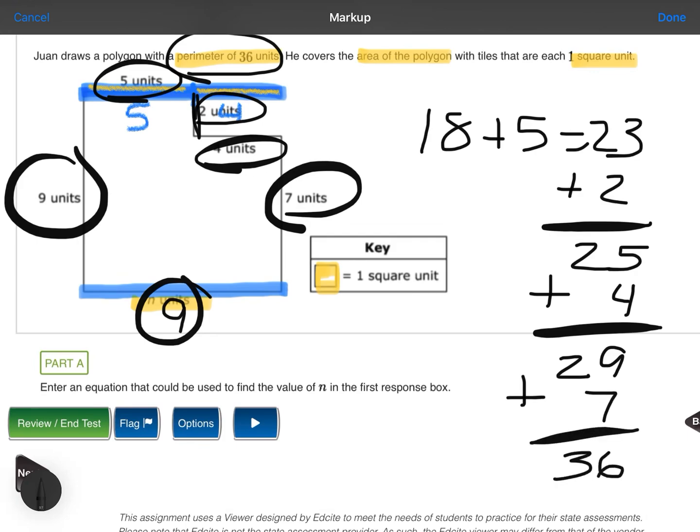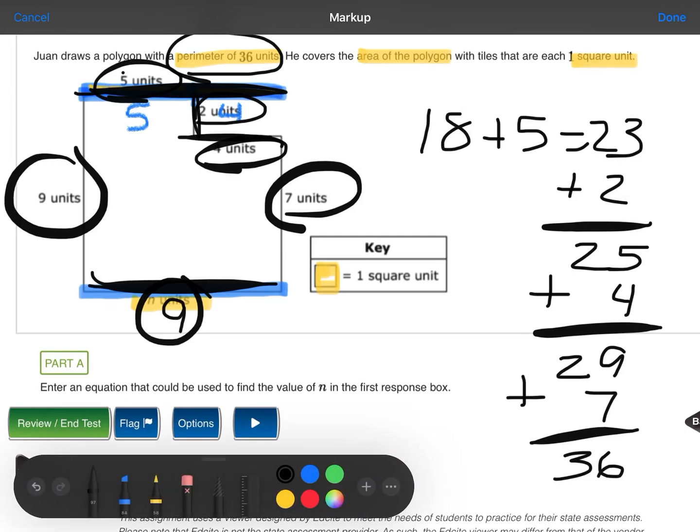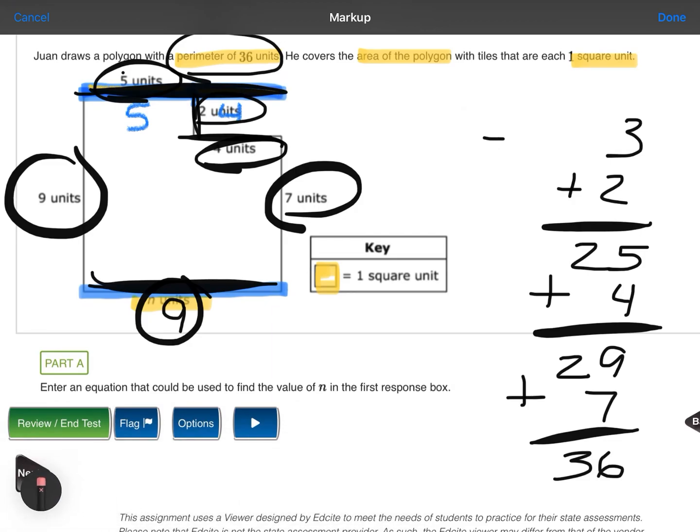So we could add and then figure out what's missing to get to 36, but I think you can see those parallel lines should be the same. So 5 and 4 make 9. Okay, so that's step 1, just figuring out what that missing side length is.